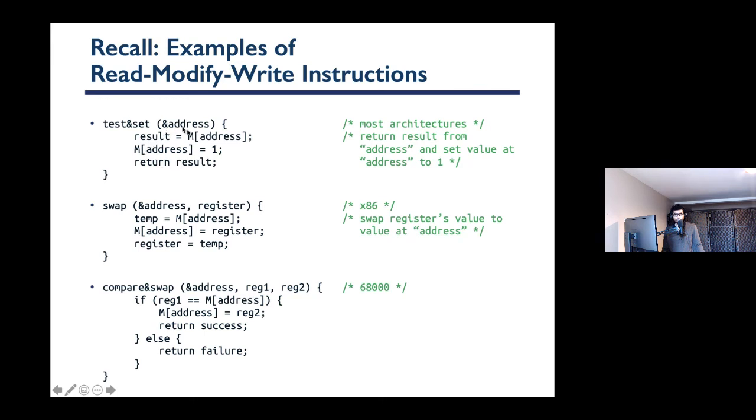Again, this is the logic of what test and set is. So it just tests the address and sets it to 1. No matter what was in this address, it's going to eventually be 1, but you will get to see what it was before you turned it to 1.